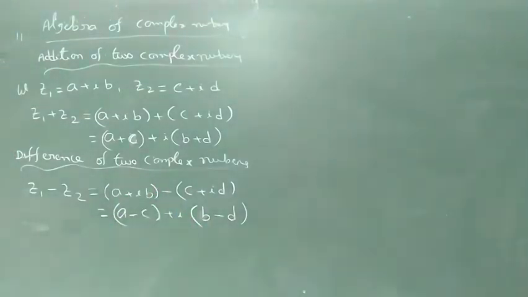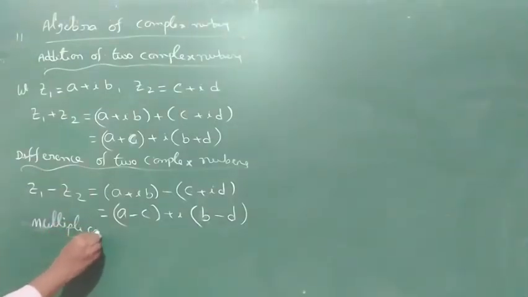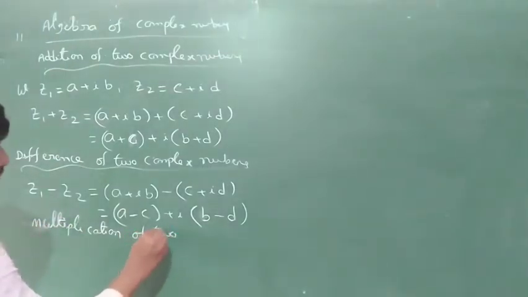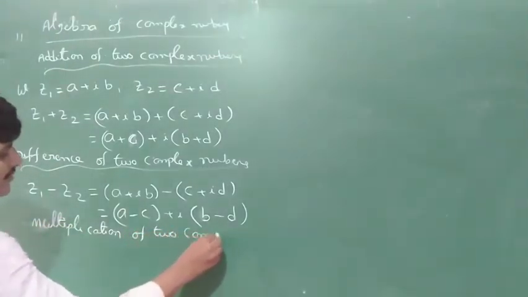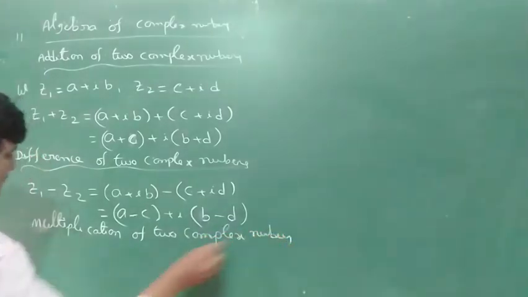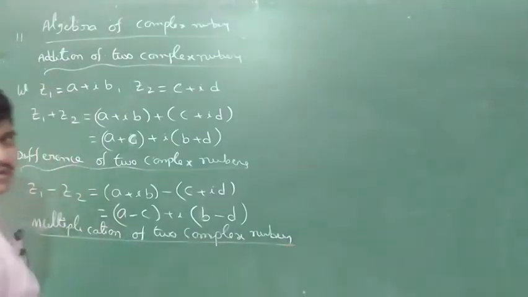Next, third one, multiplication of two complex numbers.